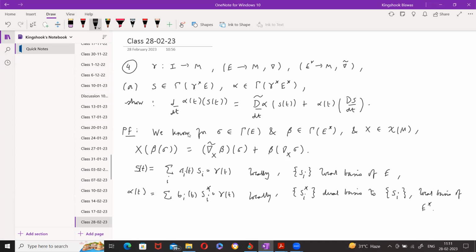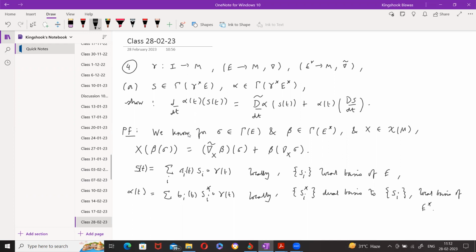So what do I mean when I say locally? What I mean is that given a time t, I choose a neighborhood of t so that gamma maps that neighborhood of t into a small open set where I have a local basis of E. Right, my bundle E is locally trivial, so I have a local basis on a small enough open set.